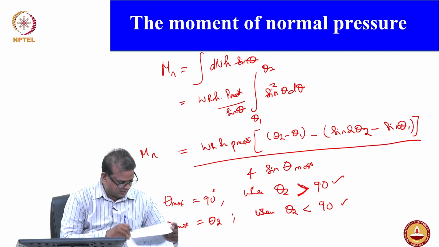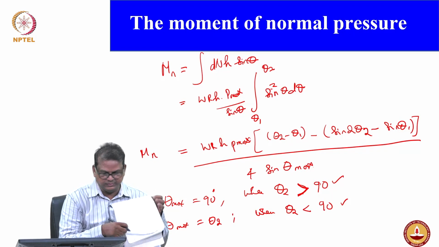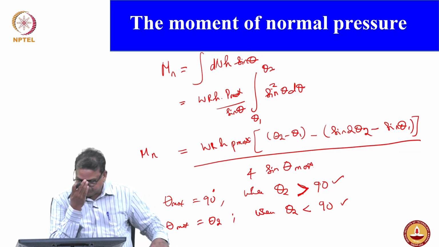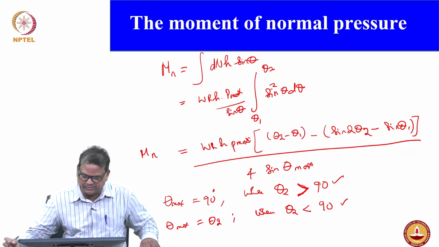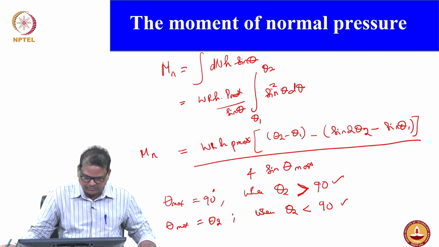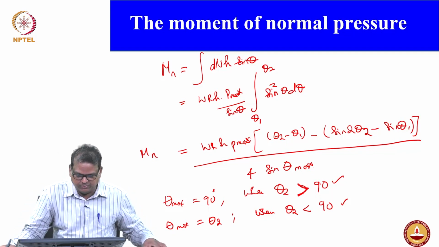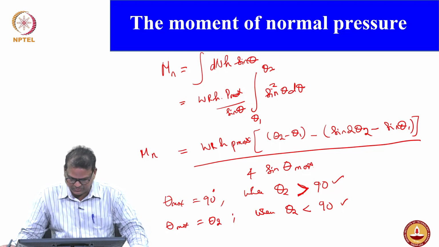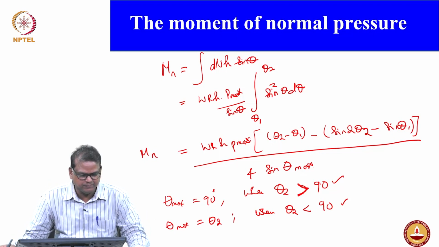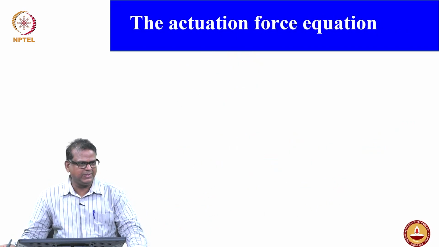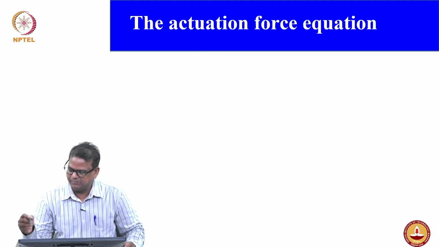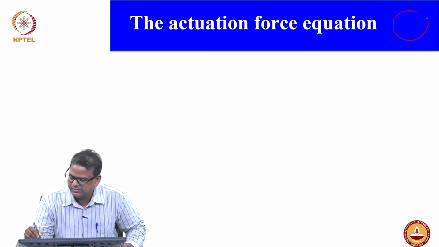Okay, now we will go for the actual aspect. We derived the equation for the moment of normal pressure and also the moment of frictional torque. Both we have done, right. Now we will take the activation force. Remember, this is your drum and this is your shoe arrangement.